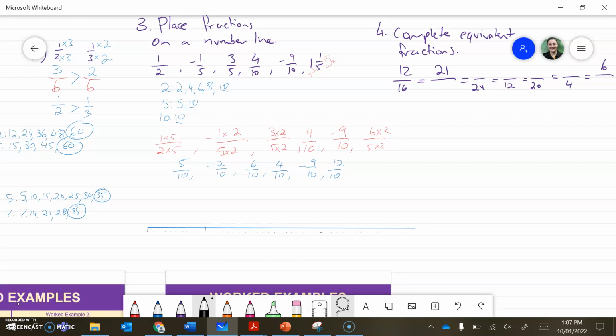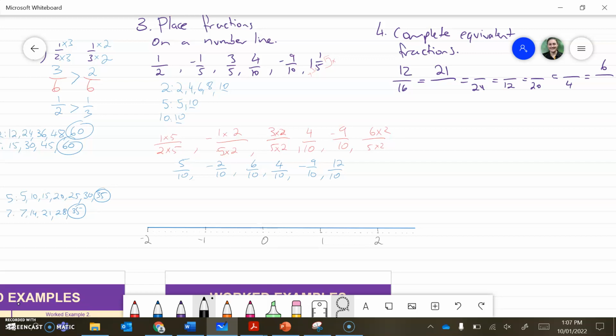So you can see here, I've marked each tenth as we go up our number line. So if I've got -2, -1, 0, 1, 2.